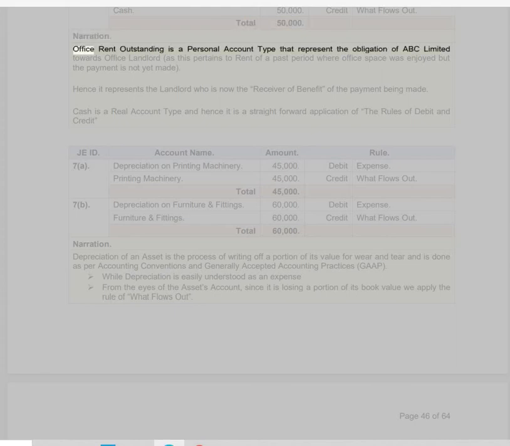Narration: Office rent outstanding is a personal account type that represents the obligation of ABC Limited towards office landlord, as this pertains to rent of a past period where office space was enjoyed, but the payment is not yet made. Hence it represents the landlord, who is now the receiver of benefit of the payment being made. Cash is a real account type and hence it is a straightforward application of the rules of debit and credit.